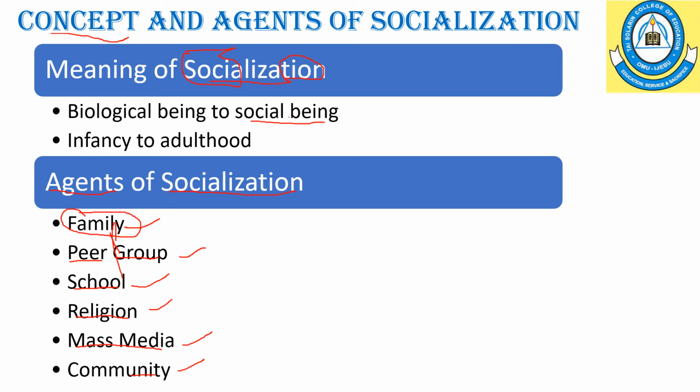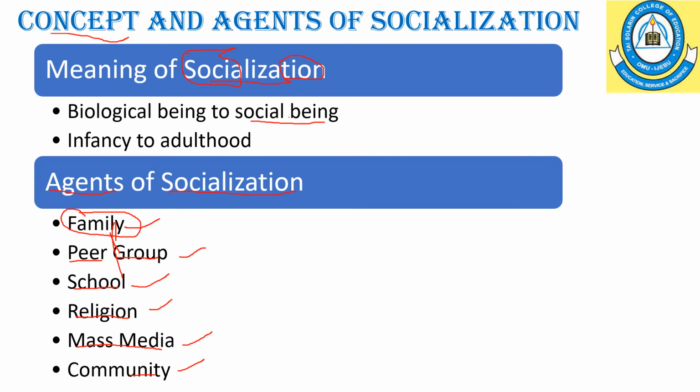Let's say, for instance, it is common that when you get to school, you must greet your teacher. You're not just greeting your teacher just like that. You've been greeting your parents from home. You've been greeting your friends from the area, from the environment. So when you get to school, you have already cultivated the habits from the family group, and you bring it down to school.